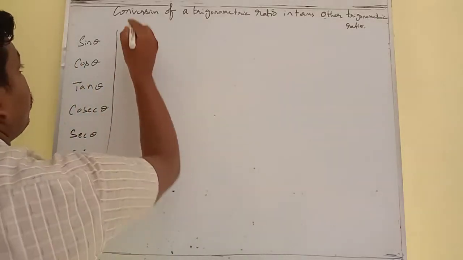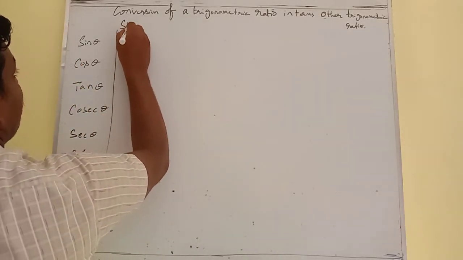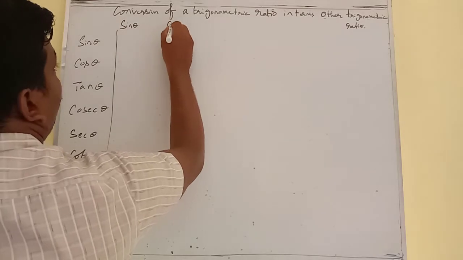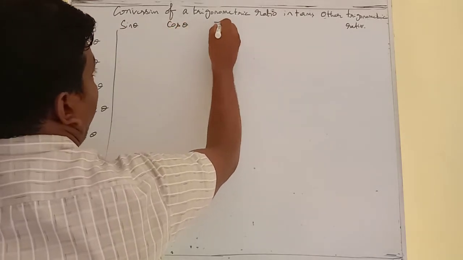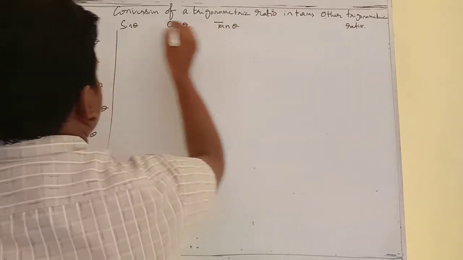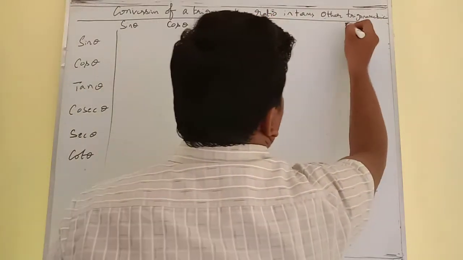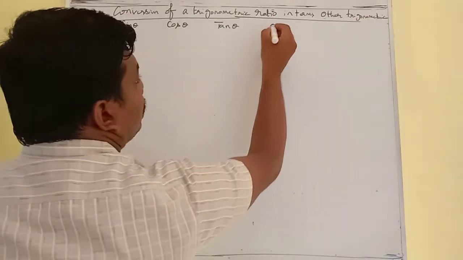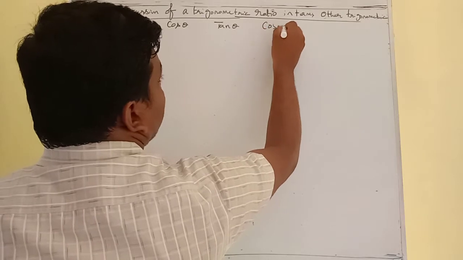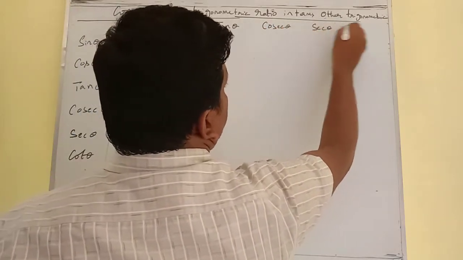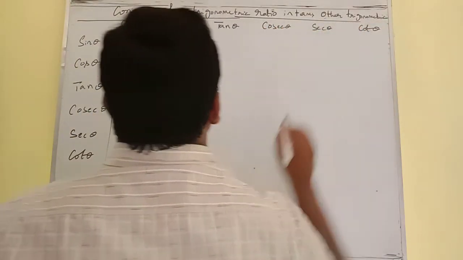So now we have to convert sine theta, cos theta, tan theta, cosecant theta, secant theta and finally cot theta.